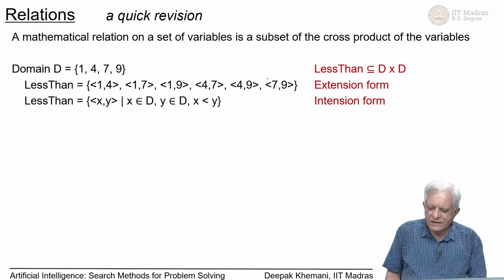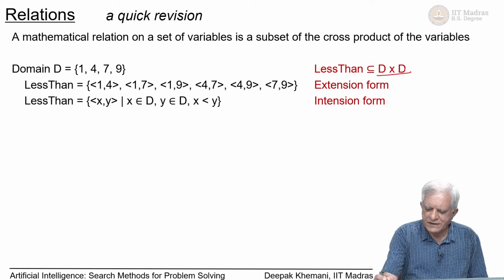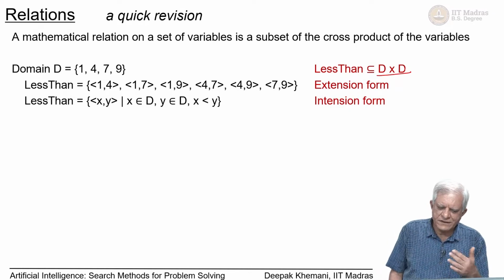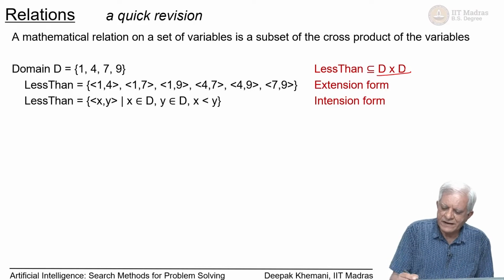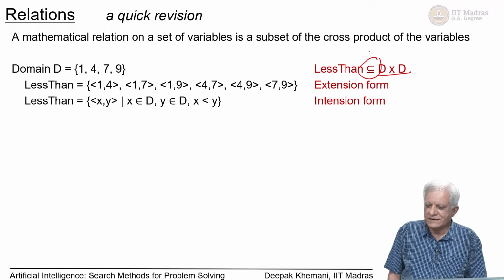Now, what does D cross D mean? It is the cross product of the domain. That means all pairs 1 1, 1 4, 1 7, 1 9, 4 1, 4 4, 4 7, 4 9. So, like this there would be 16 elements in the set essentially, all pairs of elements. Some subset of that satisfies this relation called less than, and that is why we say that a relation is a subset of the cross product essentially.